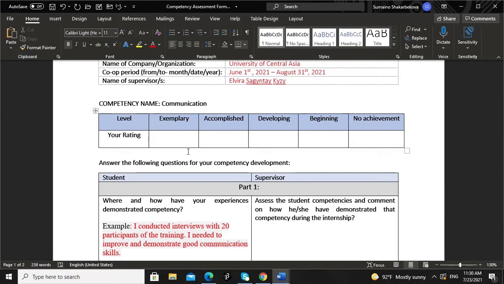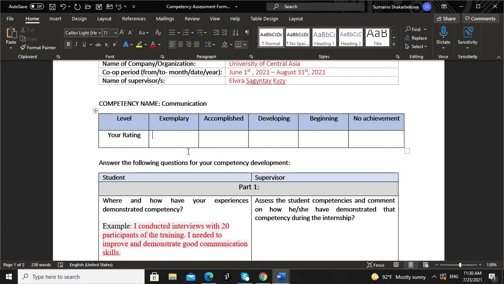The exemplary level of rating means that you are highly skilled and have highly developed that competency. For example, if you choose to rate your communication skills as exemplary, it means that you have already had all those experiences and all the needed opportunities to improve and develop your communication skills in all areas.